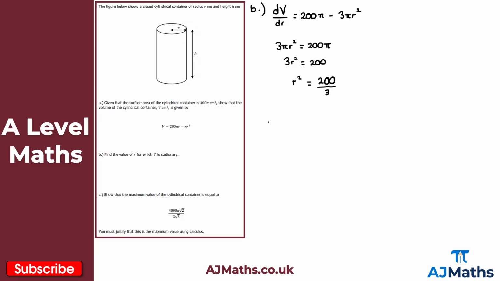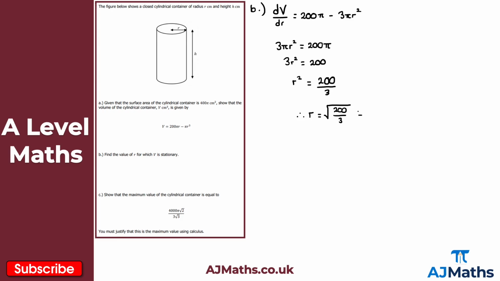And then finally, we just want r here. And again, r must be a positive value. It represents a length here. So therefore, r is equal to the positive solution for this square root. So the square root of 200 over 3. Now, you don't have to, but what I'm going to do here is just simplify this.